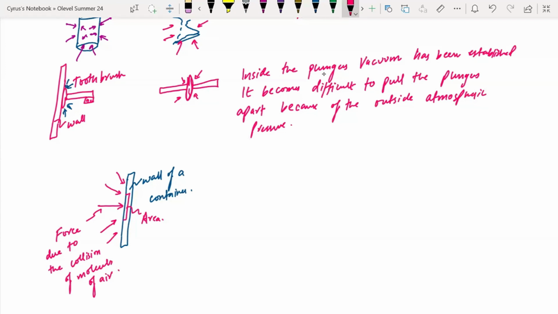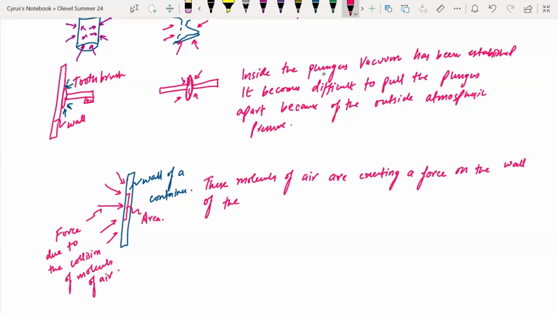So what's happening is that these molecules of air are exerting a force on the wall of the container, right? And you should know that this force is exerted on a certain area, right?